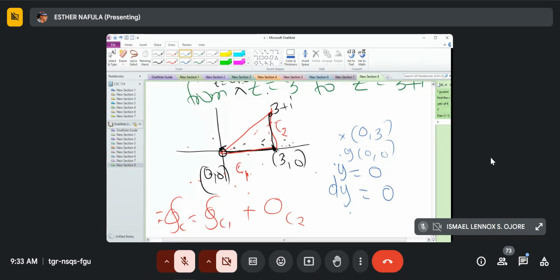If you're moving along a straight line and one variable is a constant, then you don't need to go through the hard process of finding the gradient first and then determining the equation. You just look at which variable is changing and which one is not. The variable that is constant means its derivative will be 0. Therefore, in your integration, whenever there is a dy, if y is constant, then dy will be 0, and all the terms with dy will become 0.